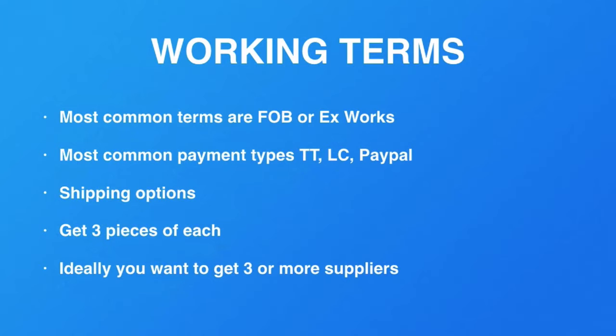Now, some do accept PayPal, but very limited because the fees are simply way too high. So don't be alarmed if somebody says that they don't accept PayPal. A lot of them don't. And then find out what their shipping options are.